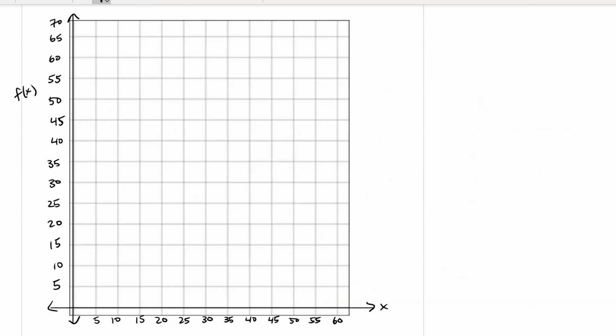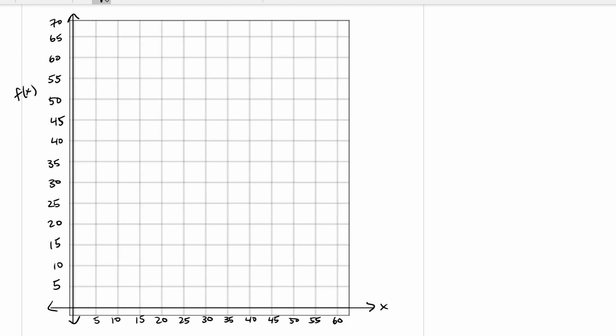Okay, now we want to graph this piecewise function. I've gone ahead and filled out my grid lines and labeled my axes. In the context of this problem, we are not going to be dealing with negative input values, so I've only graphed the first quadrant here.